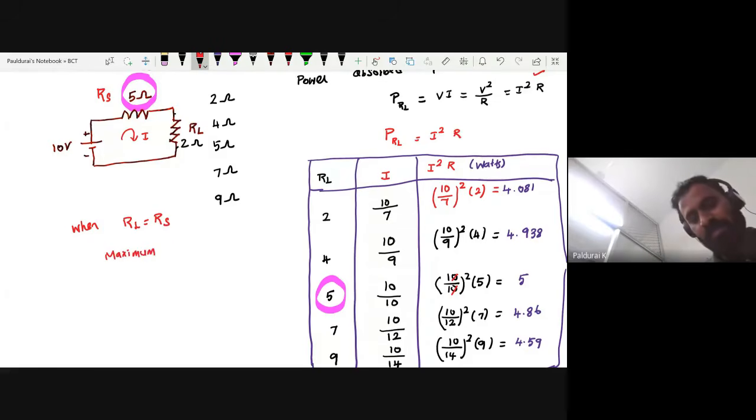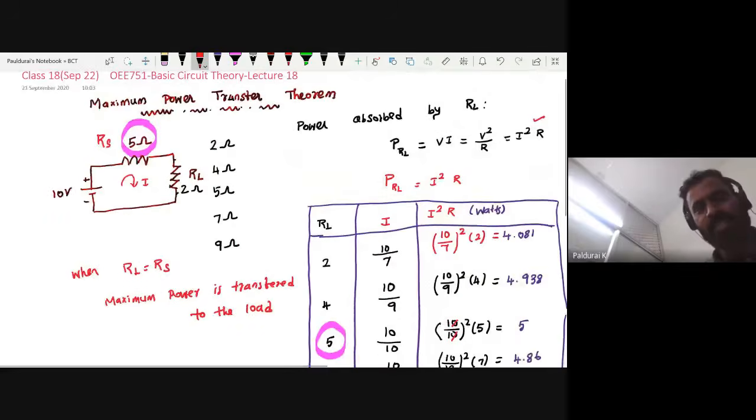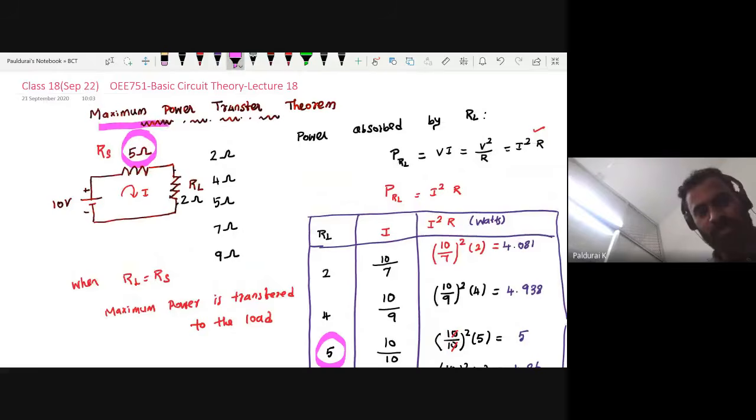Maximum power is transferred to the load when RL equal to RS. This is called, see the title, the maximum power transfer theorem.